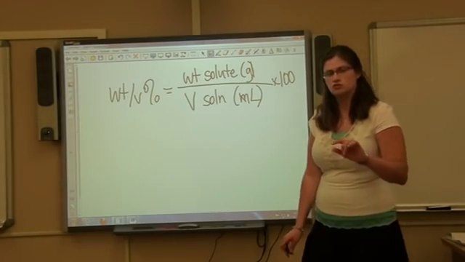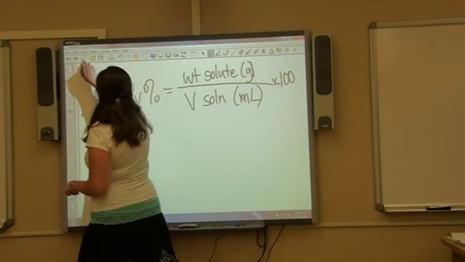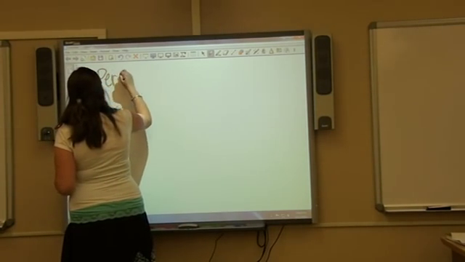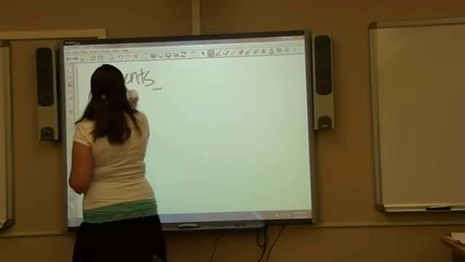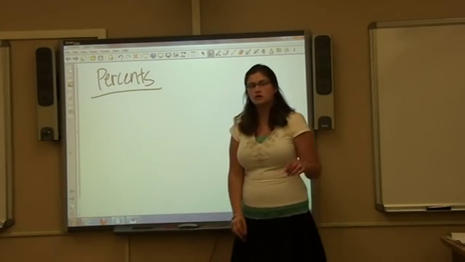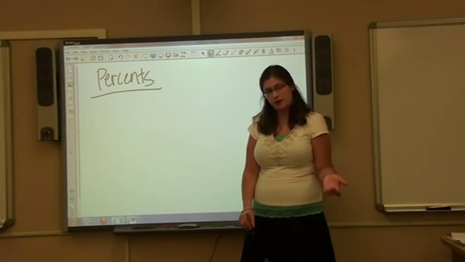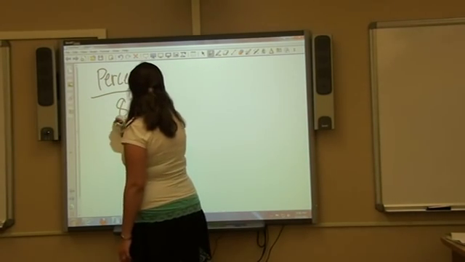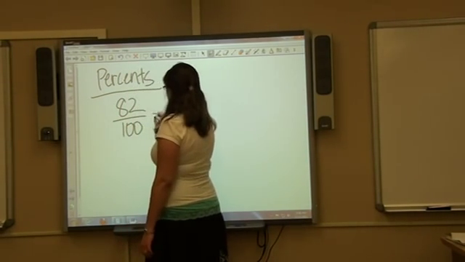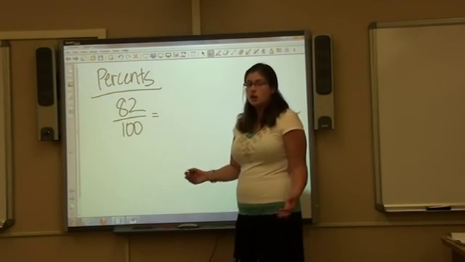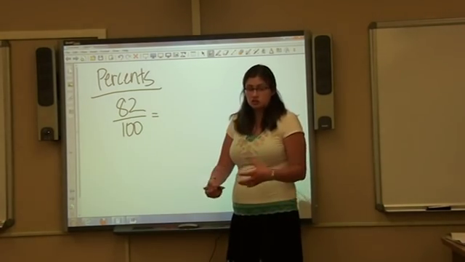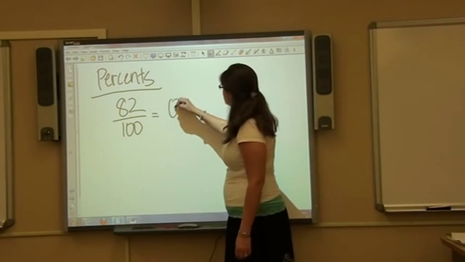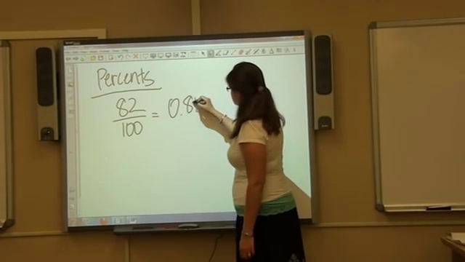Let's just give a little tutorial on how to use percents and numbers real quick. Okay, so after you do a division problem, let's say that my score on a test is an 82 divided by 100. The number you get for that when you're actually doing the real math is 0.82.